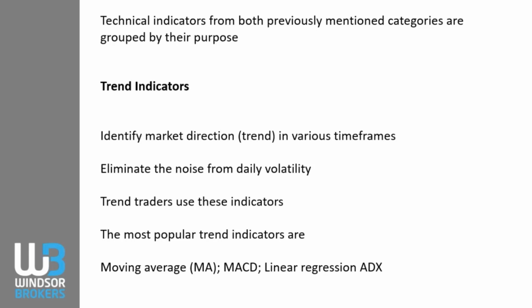So as we said at the beginning, we need to identify market direction or trend, and these indicators will help us. Used in various time frames, they always give accurate results. Basically, what they do is eliminate some ticks that are out of range due to the volatility of the market, the so-called noise.